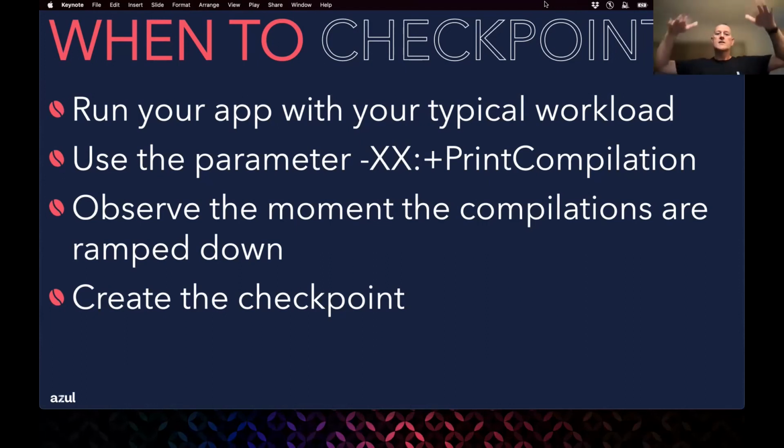That means in the beginning you see a lot of compilations, but then at one point in time you see it's getting slower. You don't see a lot of compilations printed out on the console anymore. That means at that point all the compilations and optimizations have been done. So this might be a good time to create a checkpoint, right? This is just an idea of how you can do it. It depends. But to give you an idea where to start, this could be one thing to start from.